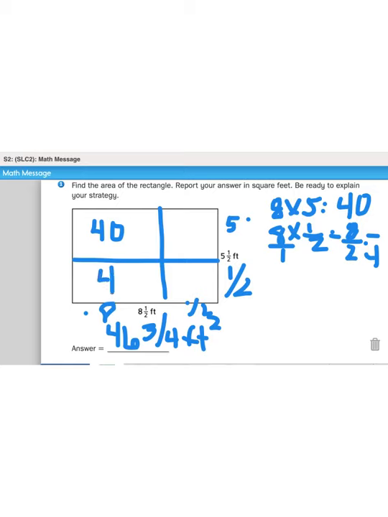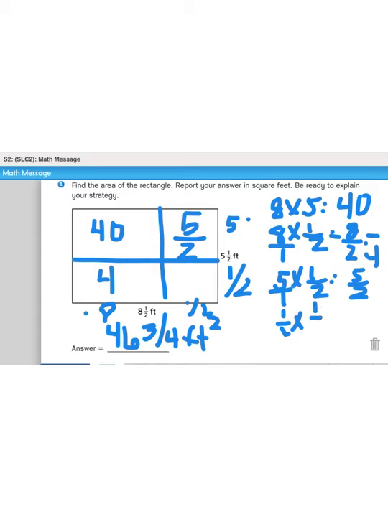Then we could have done 5 times 1/2. Same thing, put the 5 over 1. We get 5/2 for this one. Then here we're going to multiply 1/2 times 1/2.